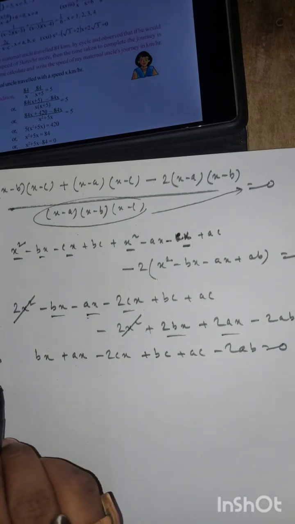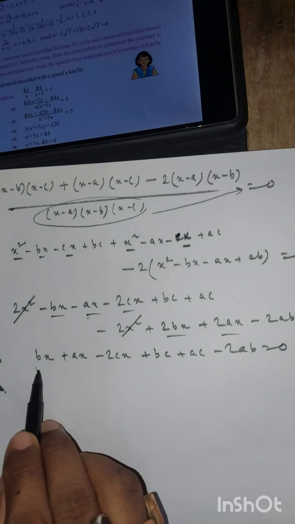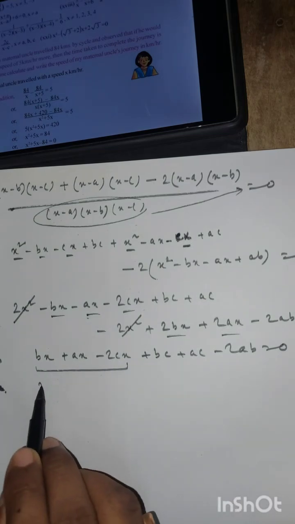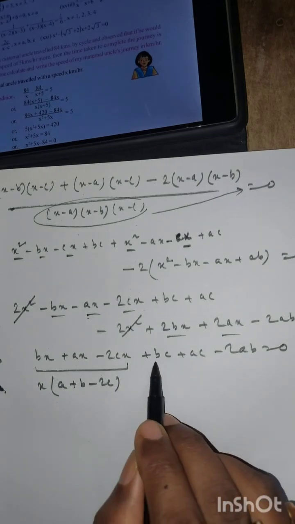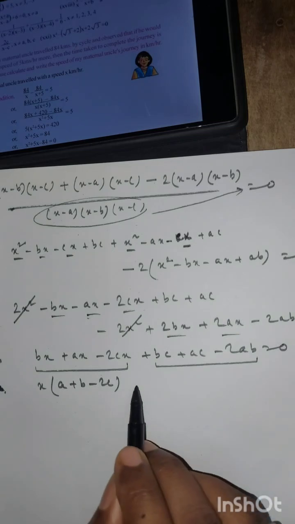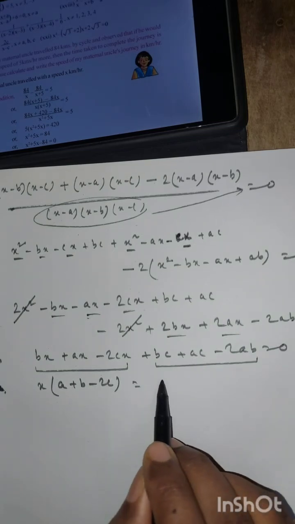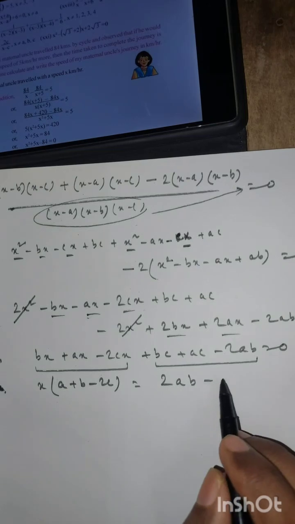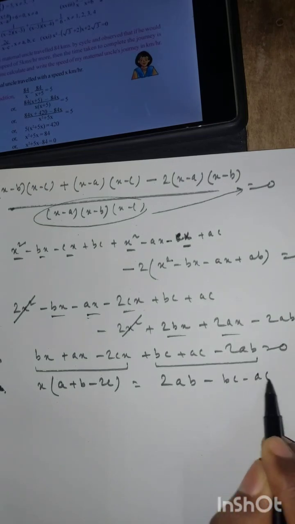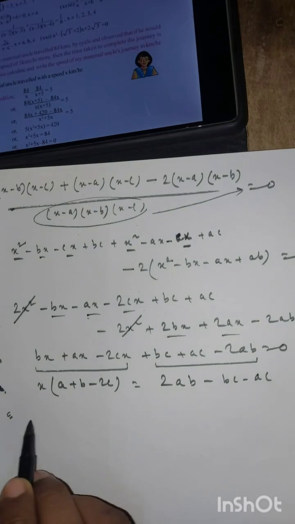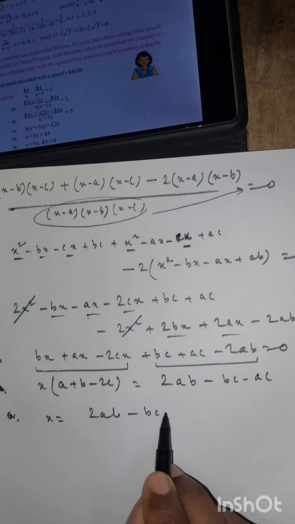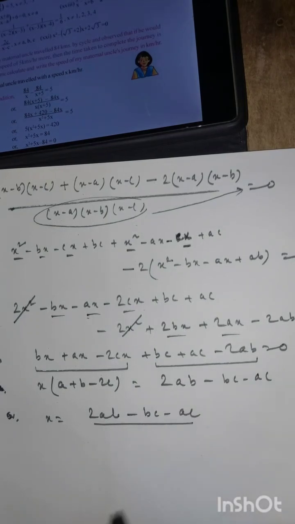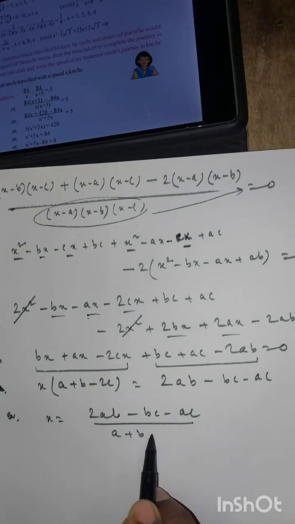Or if we take x common from these three quantities, and if we take these things to the right side, we get 2ab minus bc minus ac, or x equal to 2ab minus bc minus ac by a plus b minus 2c.